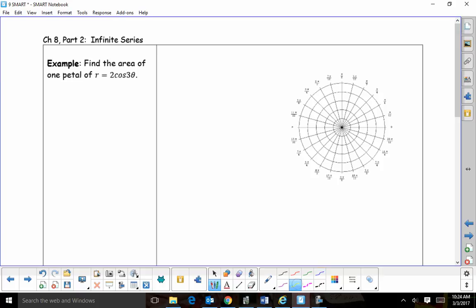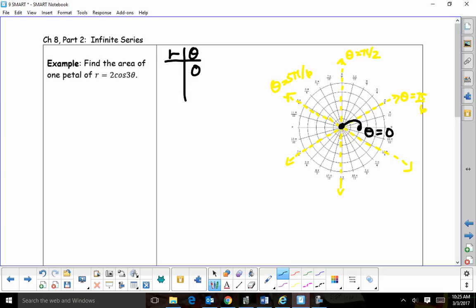That also gives you 2, I think. From 0 to pi over 6.